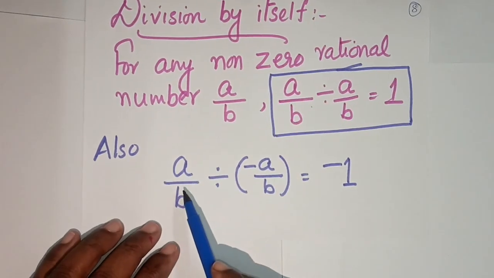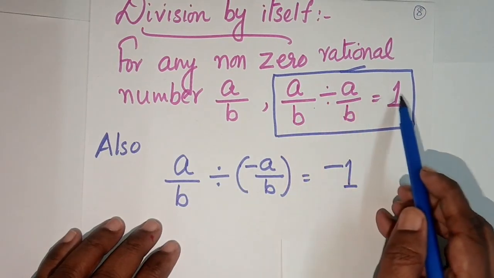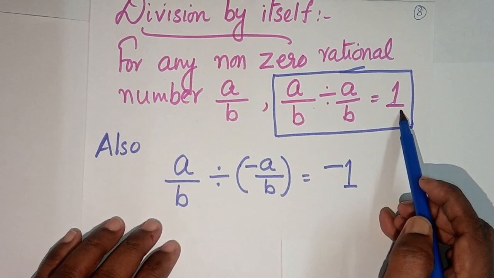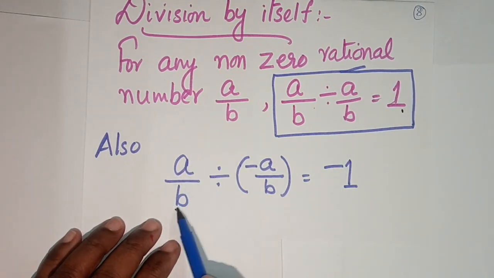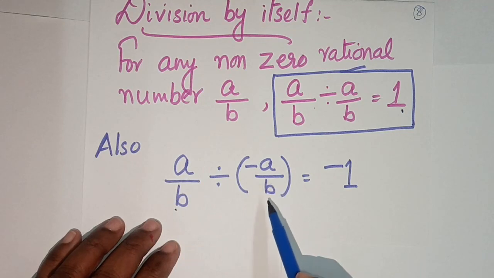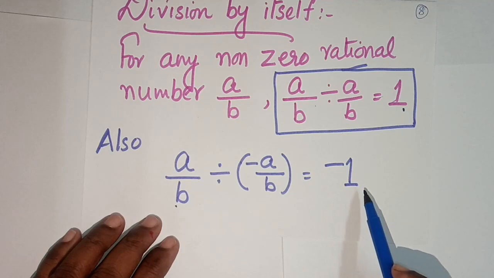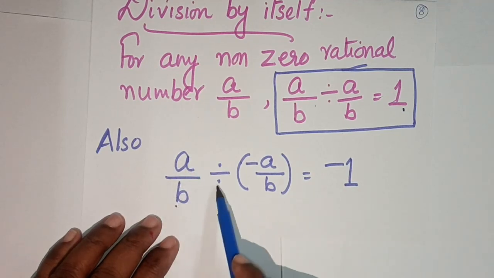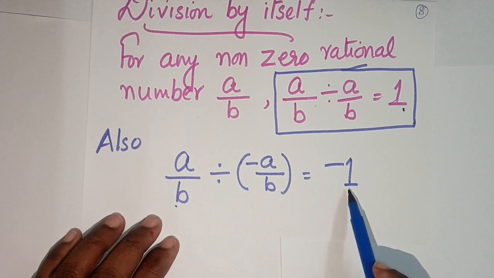That is, if a by b is divided by a by b, then we get the answer 1. Also, when any rational number is divided by its additive inverse or its opposite, we will get minus 1. That is, a by b when divided by minus a by b, we get minus 1.